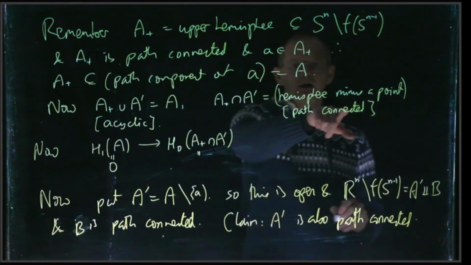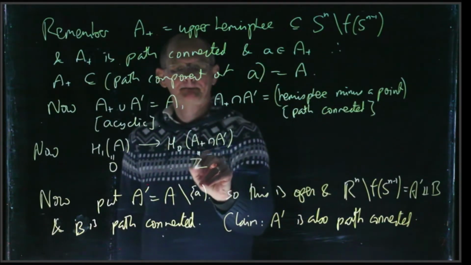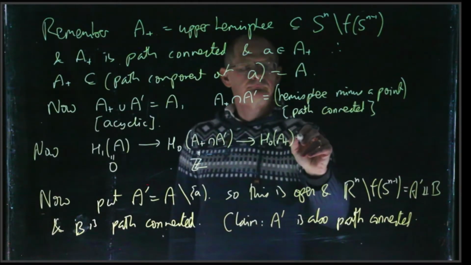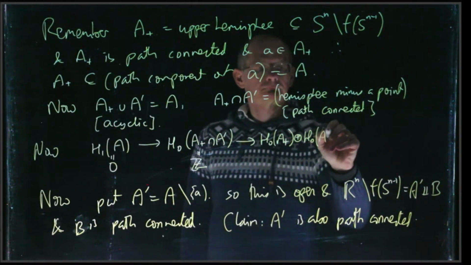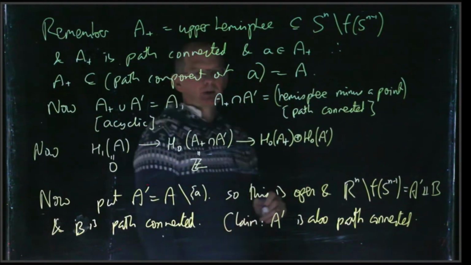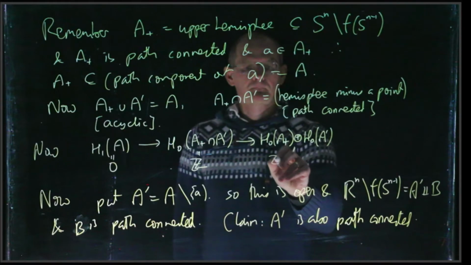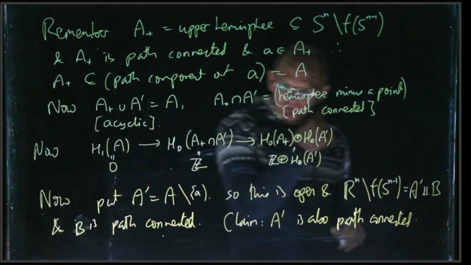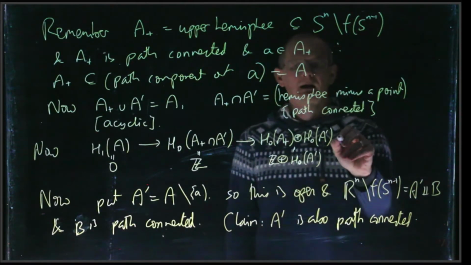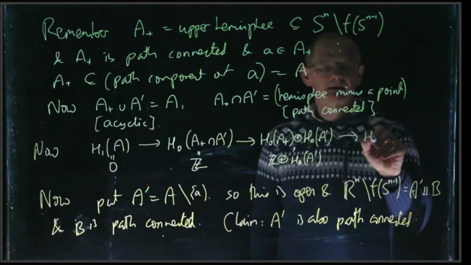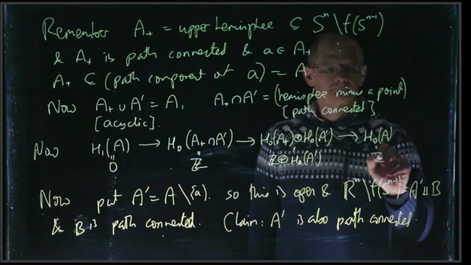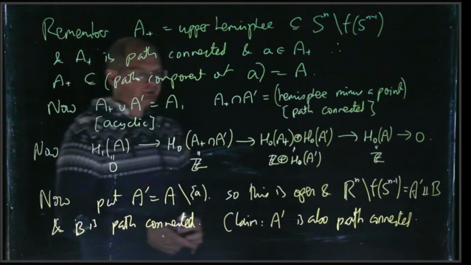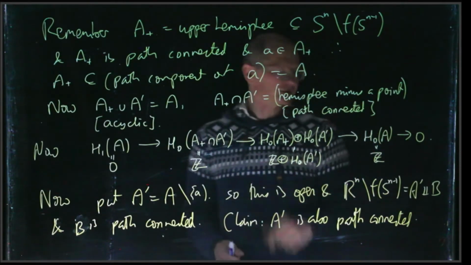But this intersection we know is path connected, so this one is Z. Going to H0(A plus) and H0(A prime). And so here you've got a Z and an H0(A prime). And then you go to H0 of A, which is just the integers. And so it's not very hard to see from this that this forces H0(A prime) to be Z.